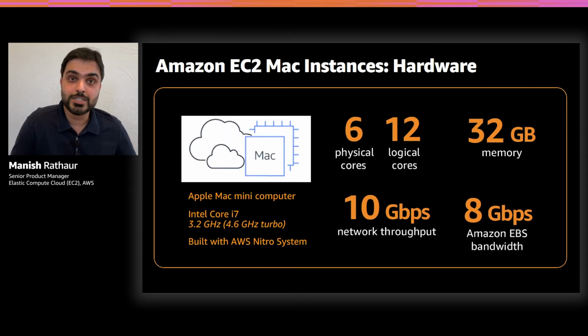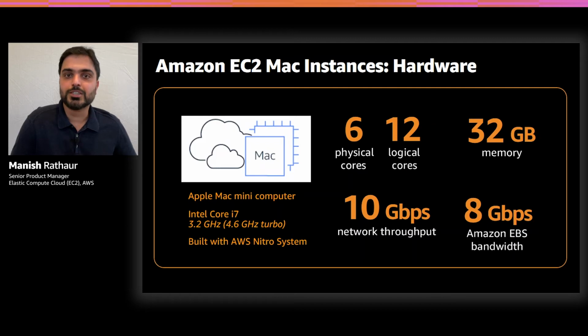Just like recent EC2 platforms, you may have noticed, Mac instances are also enabled by the AWS Nitro system. AWS Nitro system is a rich collection of building blocks that offloads many of the traditional software-defined functions to dedicated hardware and software to deliver high performance, high availability, and high security.